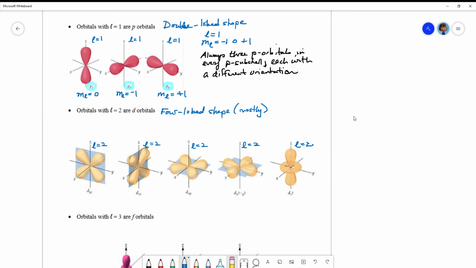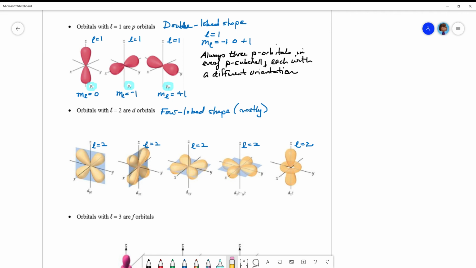And we can see for the most part, all of these orbitals have this four-lobe shape, except for the very last one, which kind of looks like a p orbital with two lobes and then a donut going around it. Even though it looks different, it is still an L equals 2 d orbital. And we get that from the mathematical form of the wave function. So the mathematics works out to being essentially the same as the other four orbitals.